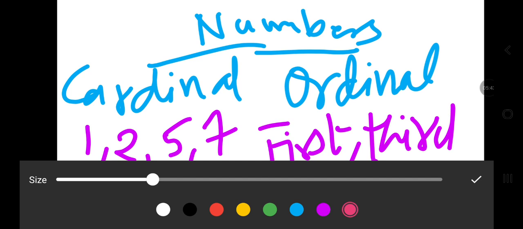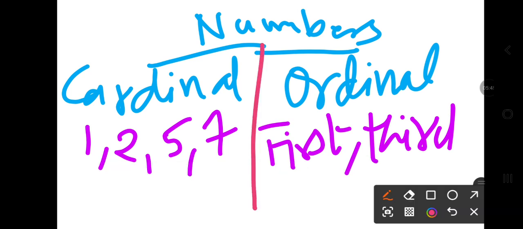This is the difference between cardinal and ordinal. Okay. Now, when to use the? We are talking about the specific the.